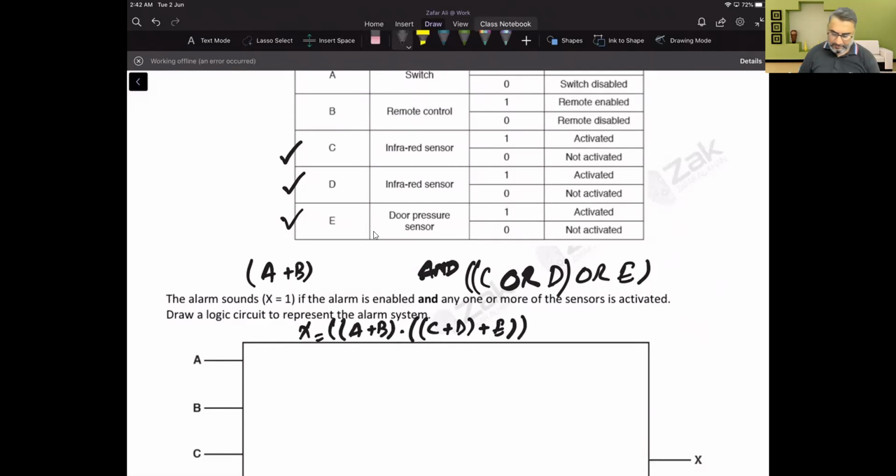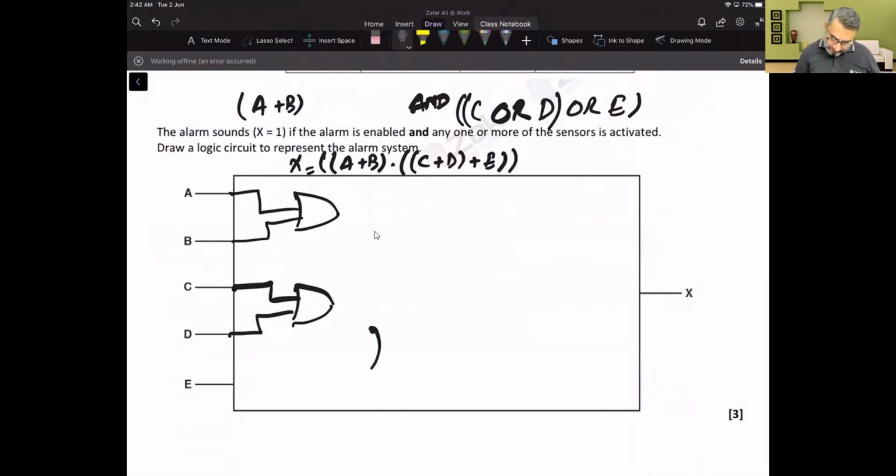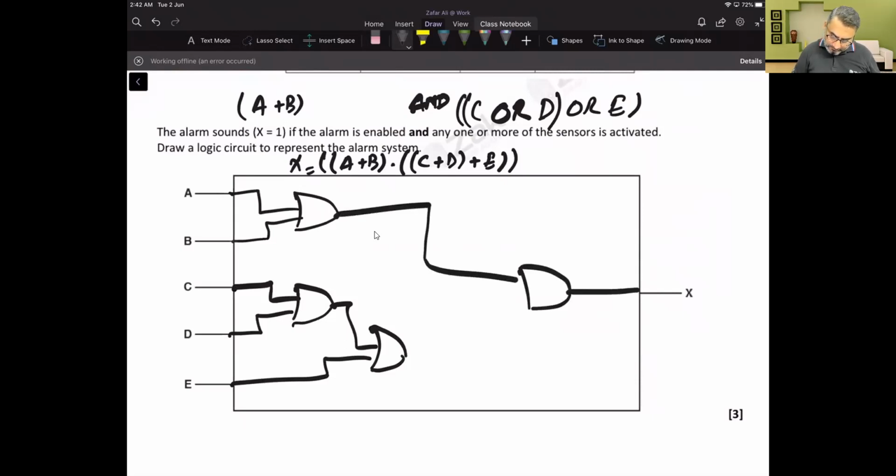That's your solution. So solve it: a plus b, and c plus d, or e. That's your answer.